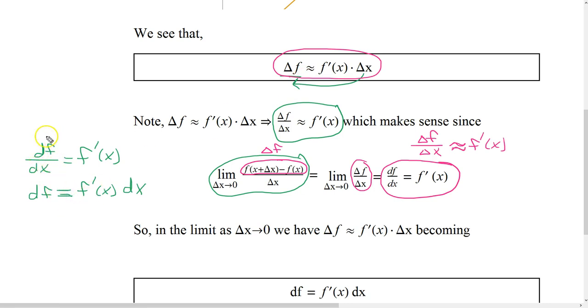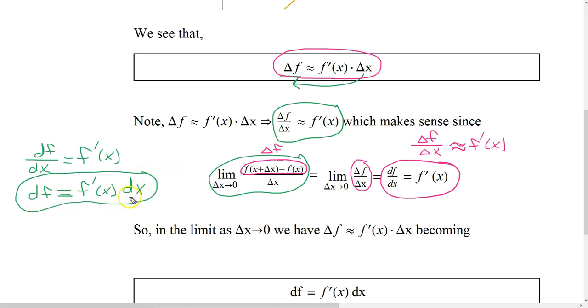Now you don't really think of these as being numbers. These are really more like concepts. They're infinitely small quantities. So, we think of this approximation up here becoming this as delta x approaches 0.